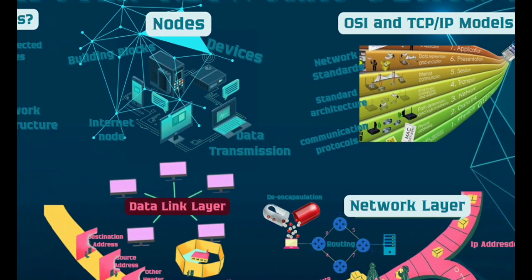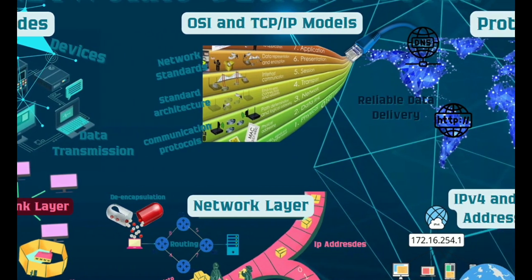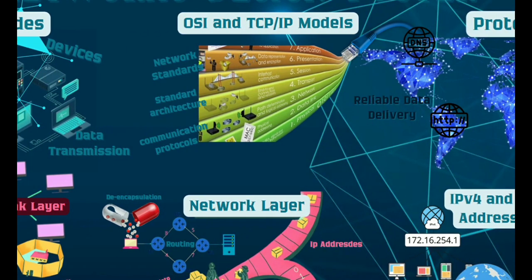The next is the OSI and TCP/IP models. The Open Systems Interconnection model defines a networking framework to implement protocols in layers, with control passed from one layer to the next. It's primarily used today as a teaching tool. OSI has 7 layers and TCP/IP has 4 layers.